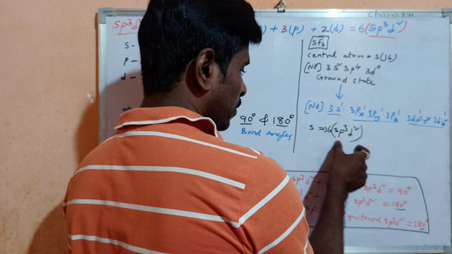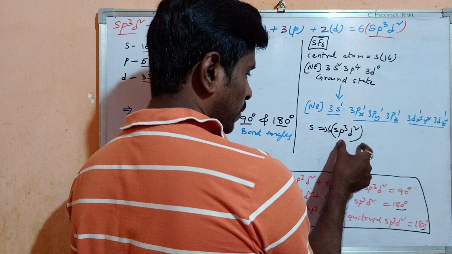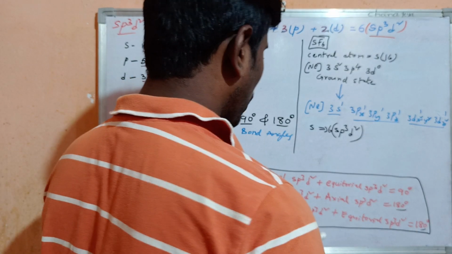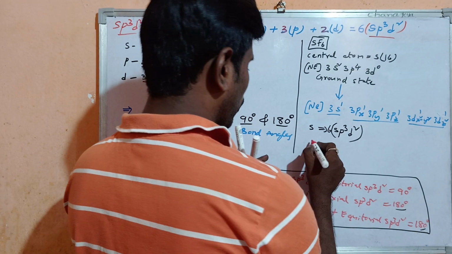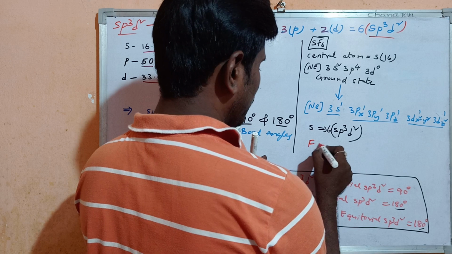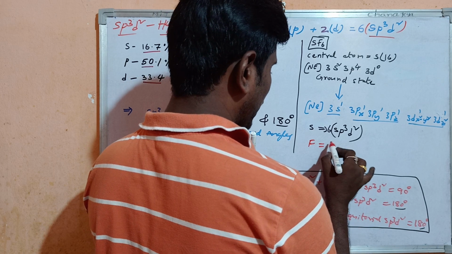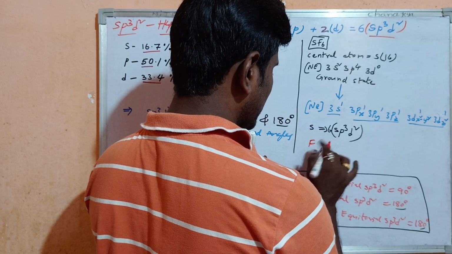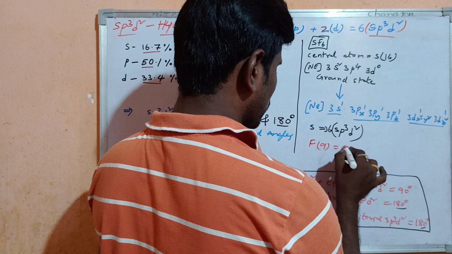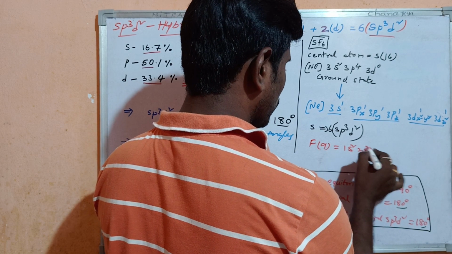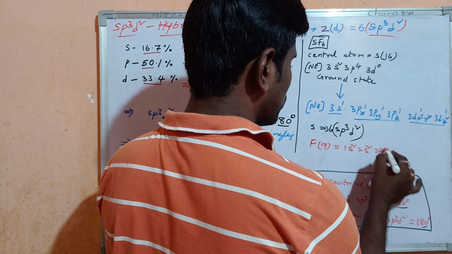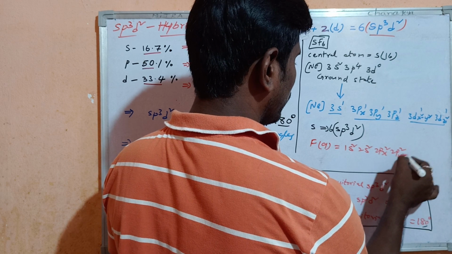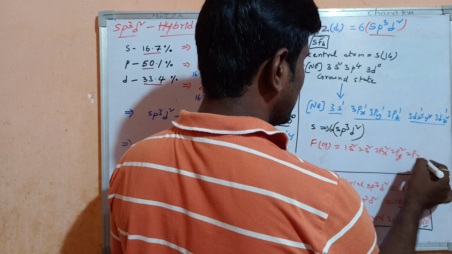Okay, these sp3d2 orbitals of sulfur are now bonded with fluorine. Fluorine atomic number is 9. Electron configuration 1s2, 2s2, 2px2, 2py2, 2pz1.